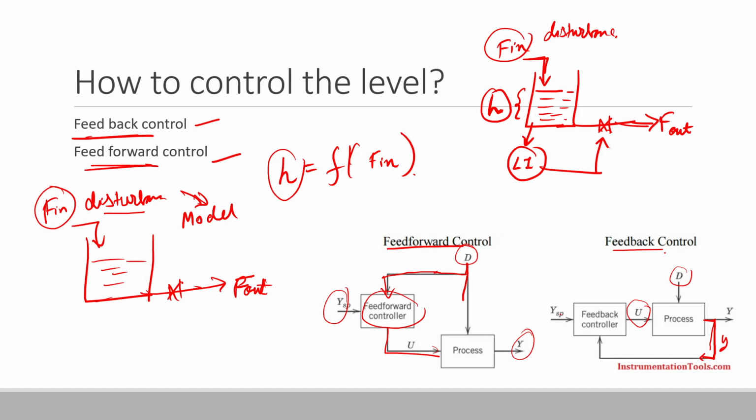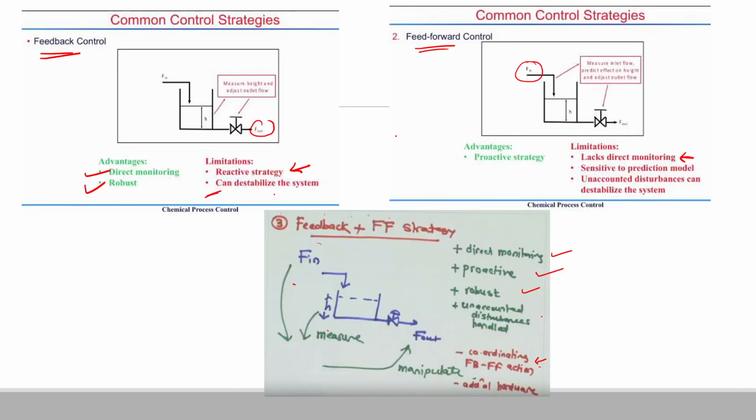That is why we need a prediction model in the case of feed forward control. This prediction model we will study in later classes, that is, the first order model, second order model, and the higher order models. These models are basically called prediction models.